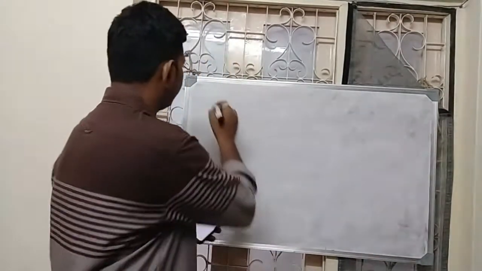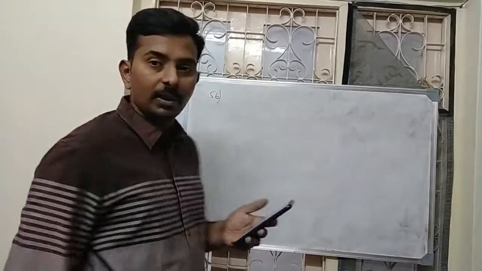Coming to the next question, question number 56. A 0.001 molar solution of [Pt(NH3)4]Cl4 in water had a freezing point depression of 0.0054 degrees centigrade. If Kf for water is 1.80, what is the correct formulation of the above molecule?